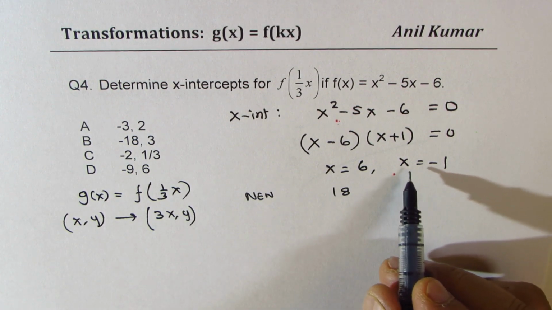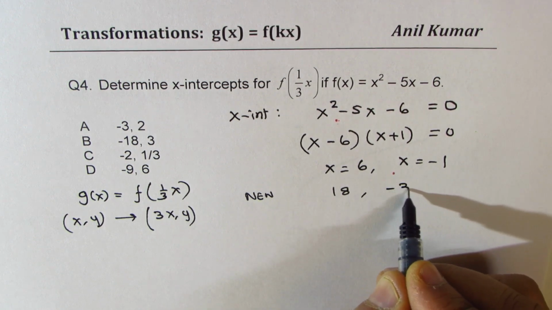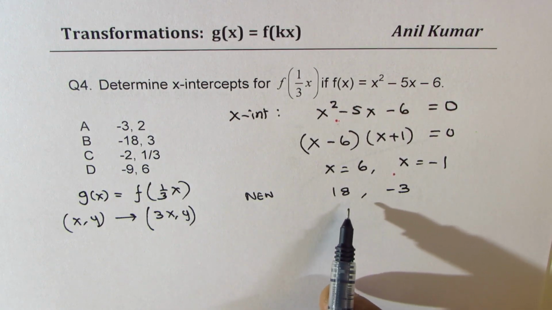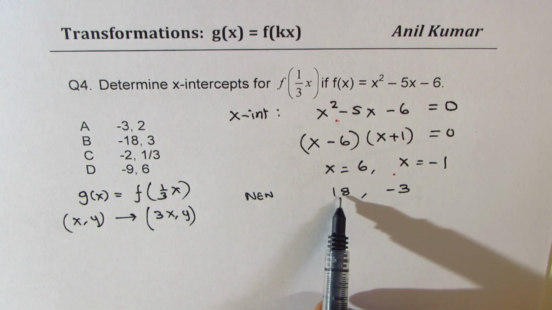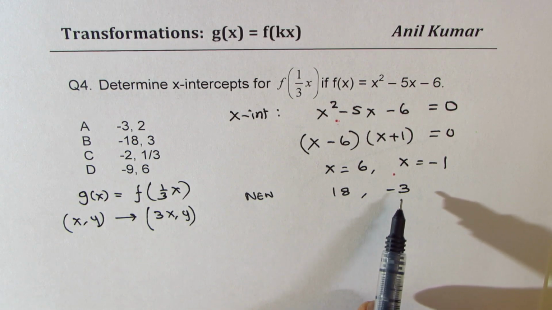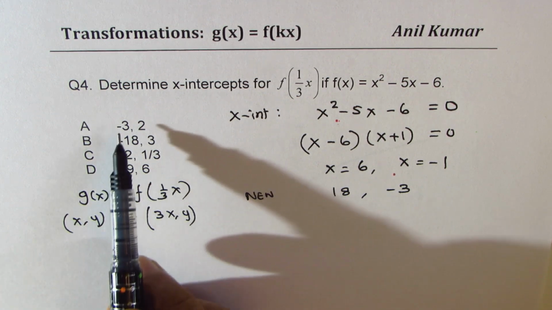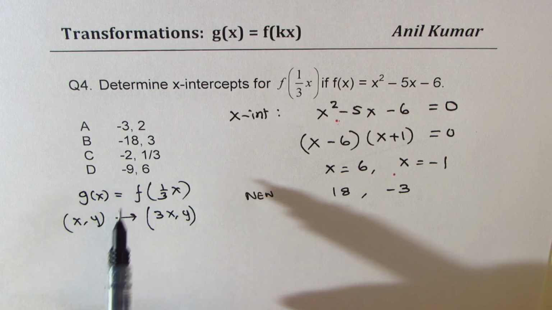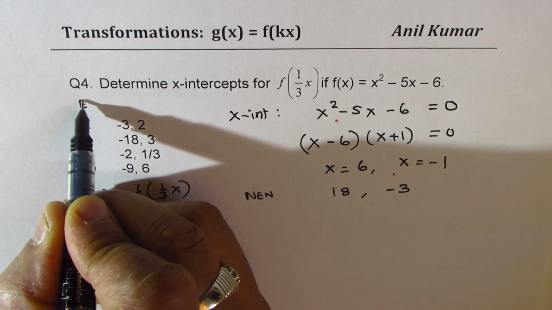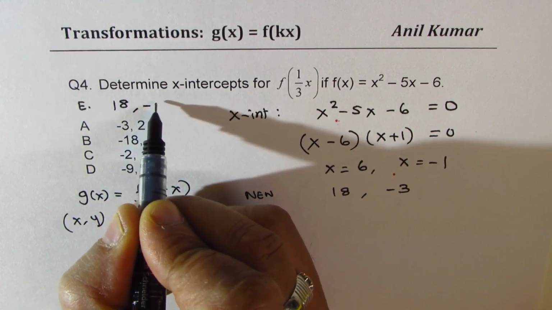And 3 times the x value minus 1, which is minus 3. So the correct answer is 18 and minus 3. So now the roots will be at 18 and minus 3. Well, unfortunately, we do not have this option here. So let me add one option E, which should have been 18 and minus 3.